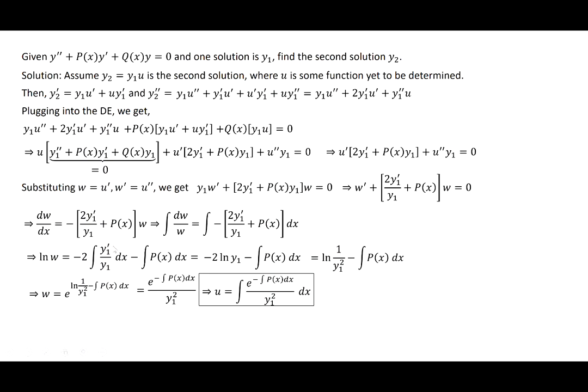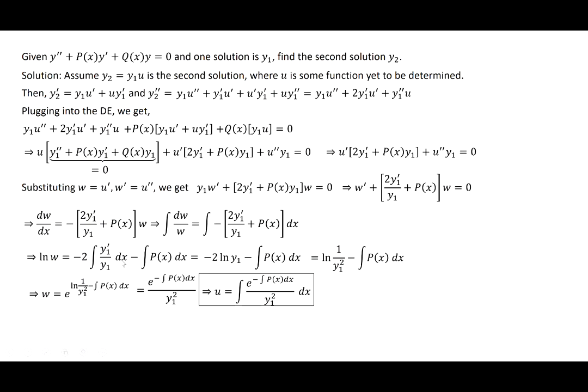What is the integral of y1 prime over y1 dx? If we did a substitution, for example, I don't want to say u, let us say v is y1, dv is y1 prime dx.